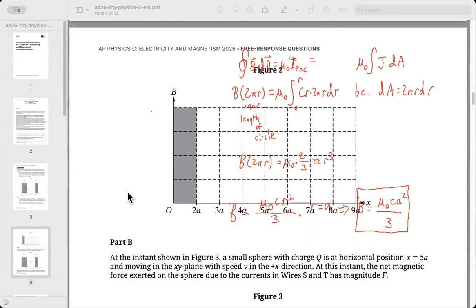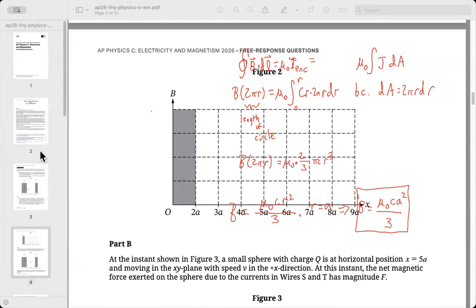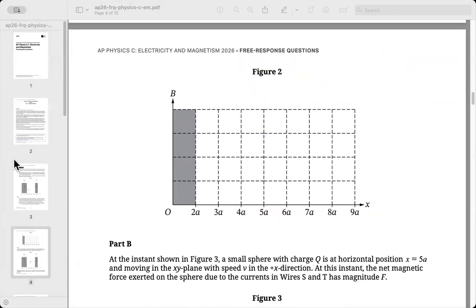If we want to find the total magnetic field, it's actually not too bad because we know that you can calculate the total magnetic field at any of these points by taking Ampere's law twice and then just superimposing them. So the total magnetic field should be the magnetic field due to wire S plus the magnetic field due to wire T. The magnetic field due to wire S is going to be in magnitude mu naught I over 2 pi r.